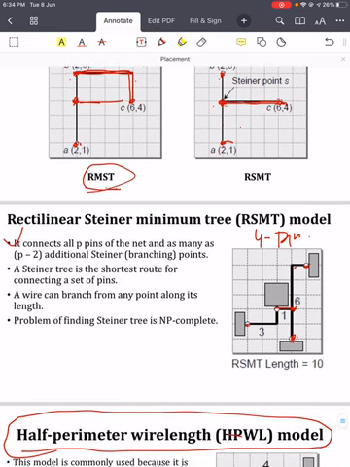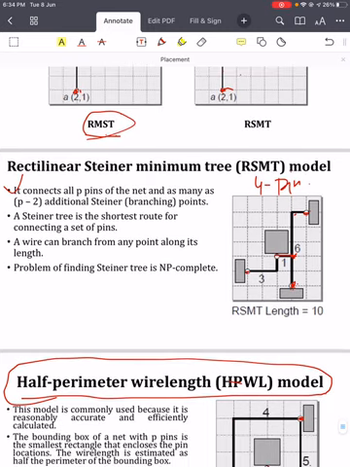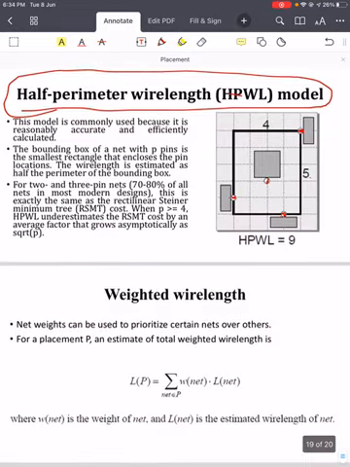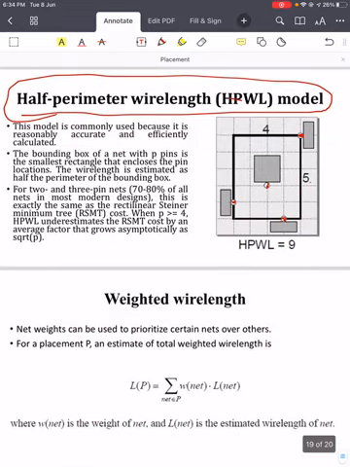These are the ways we can estimate the wire length, which basically defines the cost function of your placement problem. Obviously we can also have a weighted wire length, where net weights can be used to prioritize certain nets over others.